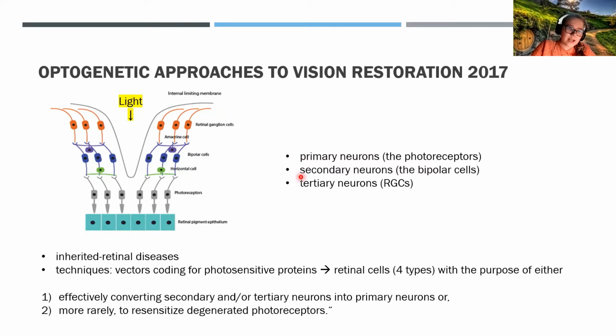As you know, light enters the eye and goes through retinal ganglion cells, bipolar cells, horizontal cells, and reaches the photoreceptors, which are also called primary neurons. Then from photoreceptors, the signal is transduced to secondary neurons called bipolar cells, and from secondary neurons to tertiary neurons that are called retinal ganglion cells.